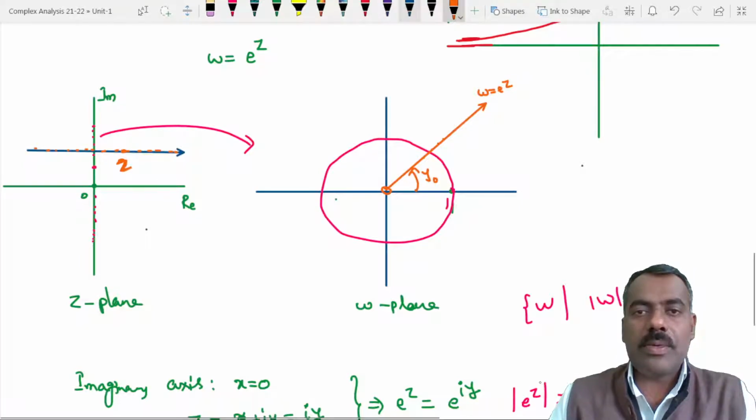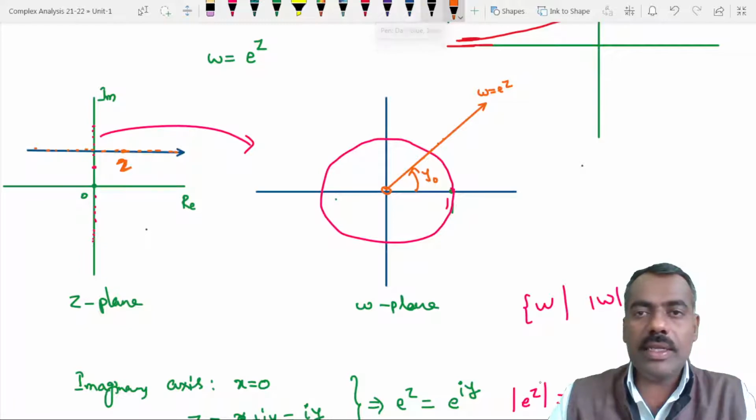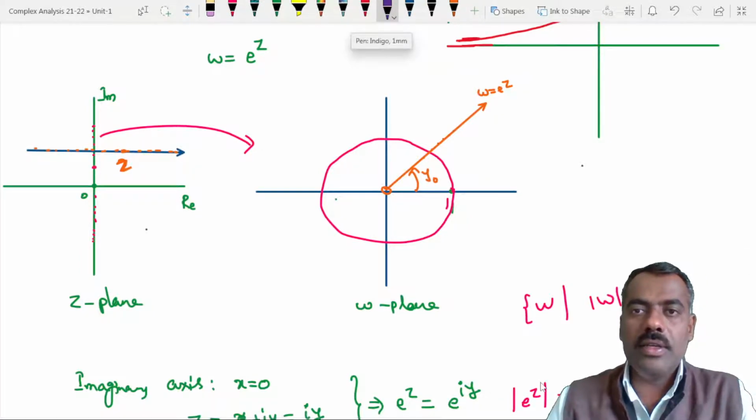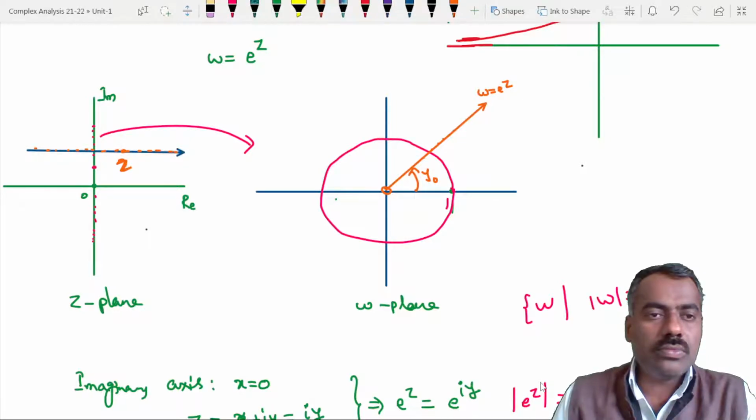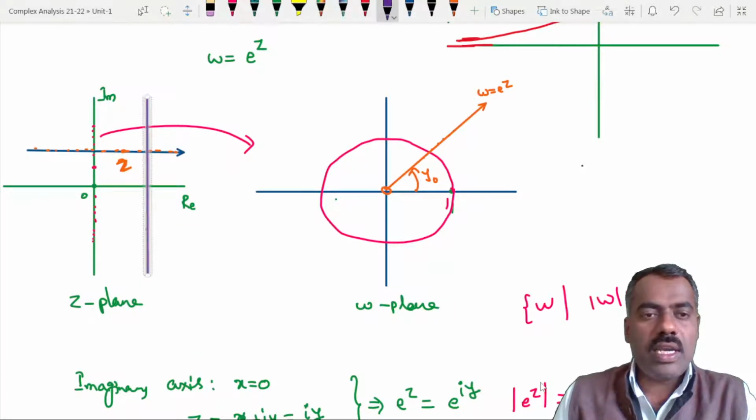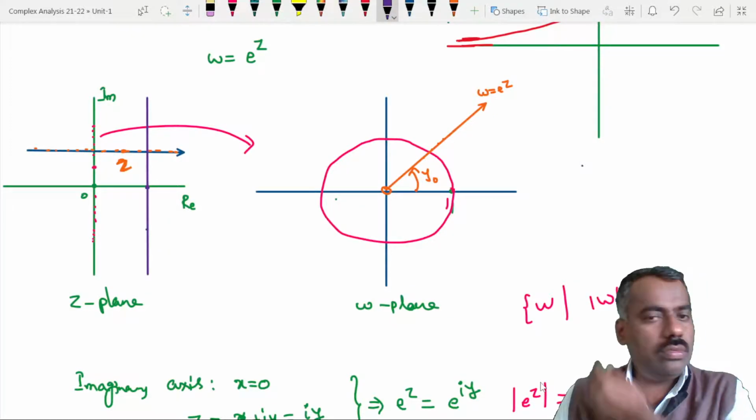Okay, now say suppose take another line. So let me draw that another line, in another color. So suppose let me take a line, and say suppose this is my 2.